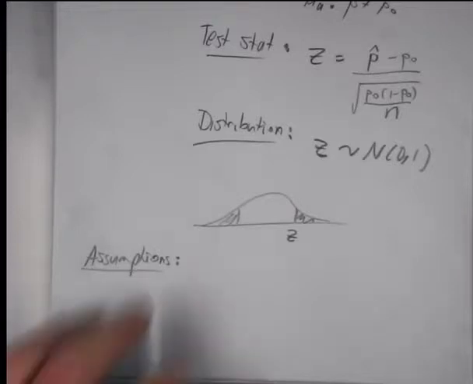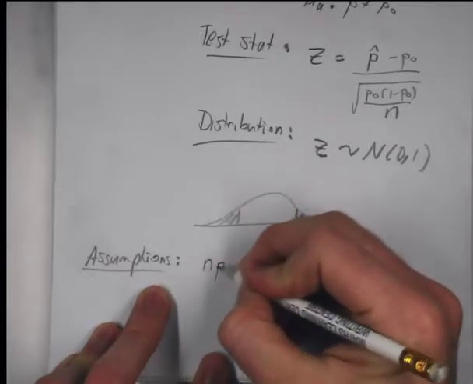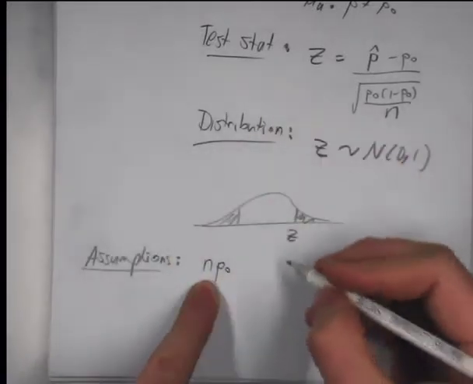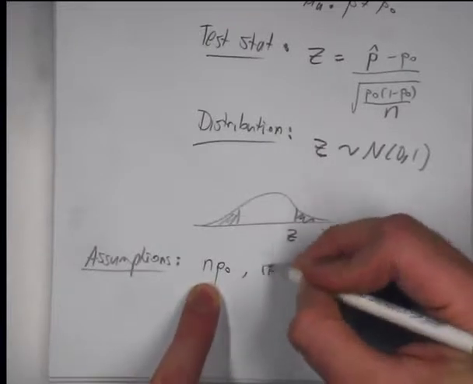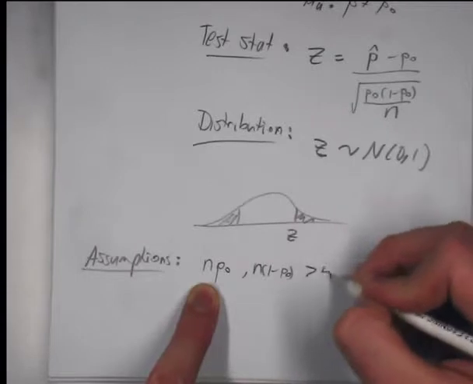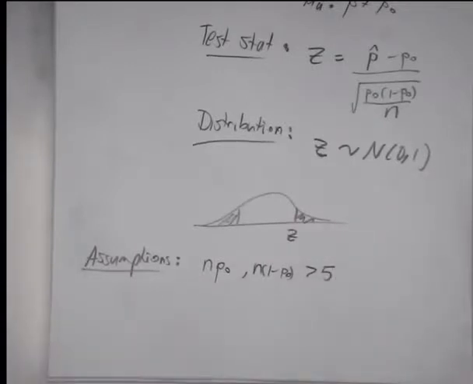Okay, so the assumptions are that n times p0, so n is the number, and n times 1 minus p0 are both more than 5. So notice that this isn't based on the data you've got, it's based on what you think the probability ought to be. Okay?